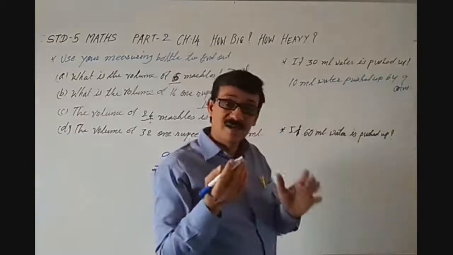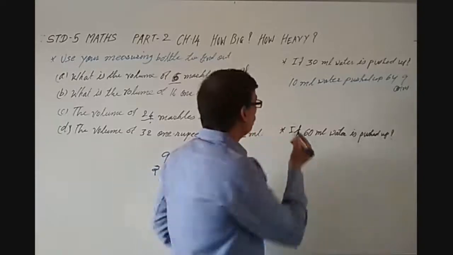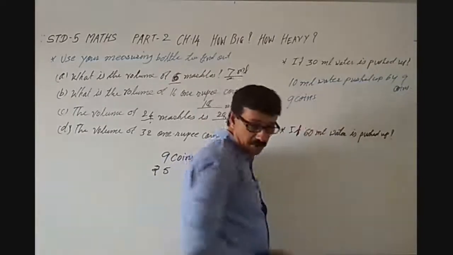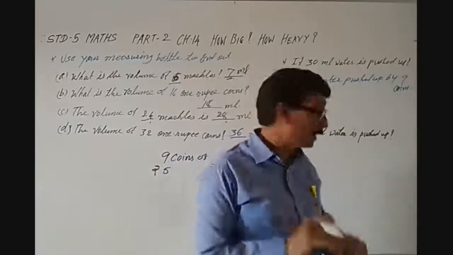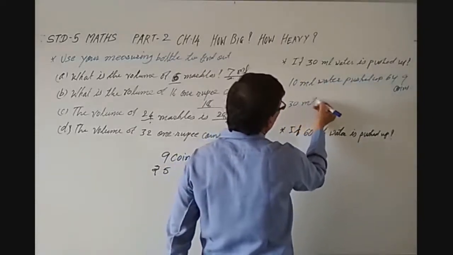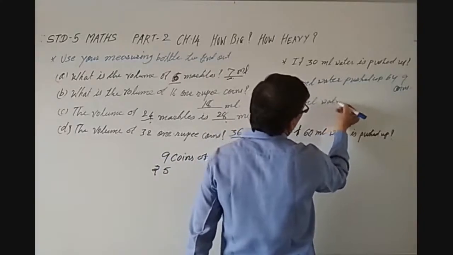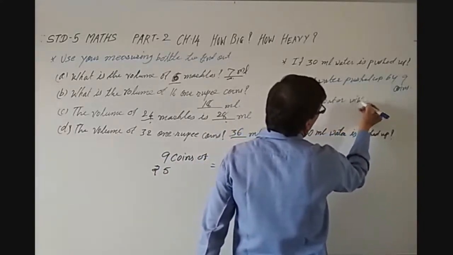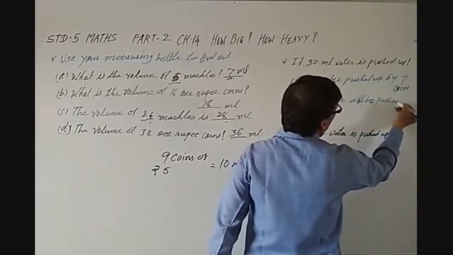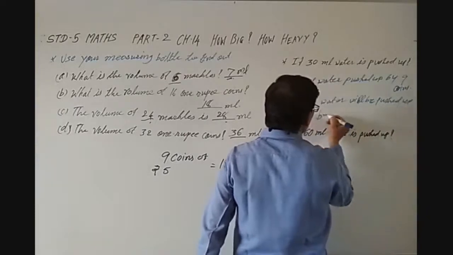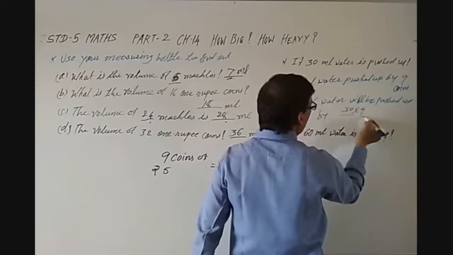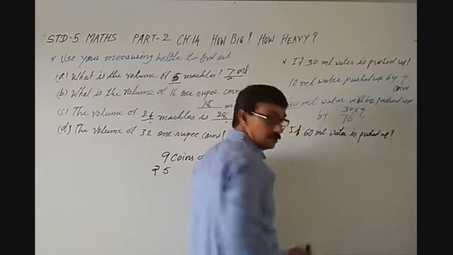So if I can say 9 coins, we want to find out for 30 ml of water. So if 30 ml water will be pushed up by, now multiply 30 by 9, 30 multiplied by 9 divided by 10.